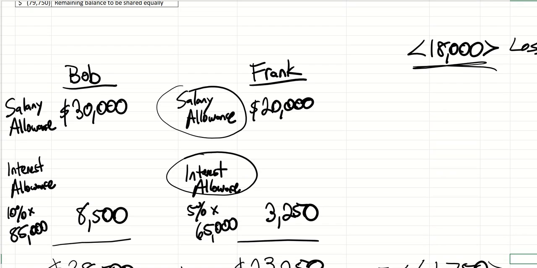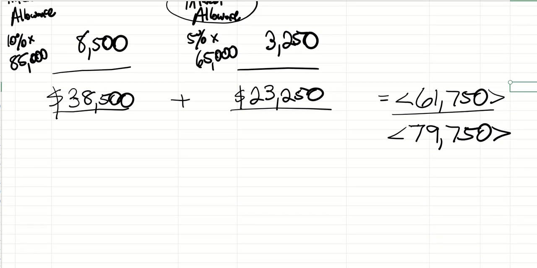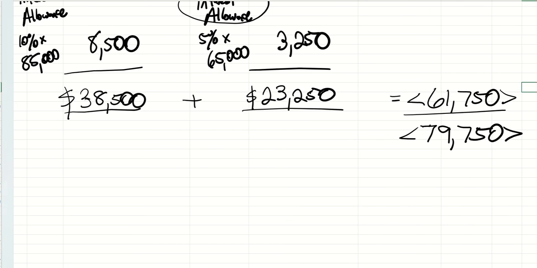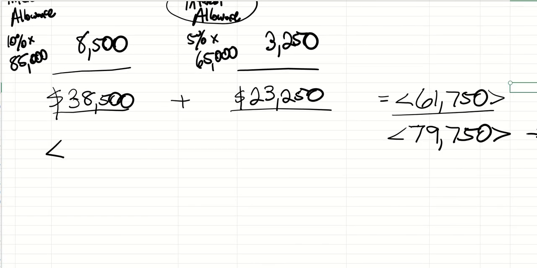So this means that we're going to take $79,750 and we're just going to divide it by 2. And that's going to give us $39,875, which means that we're going to take that amount and we're going to bring it over here as a minus, as a deduction for Bob and Frank.